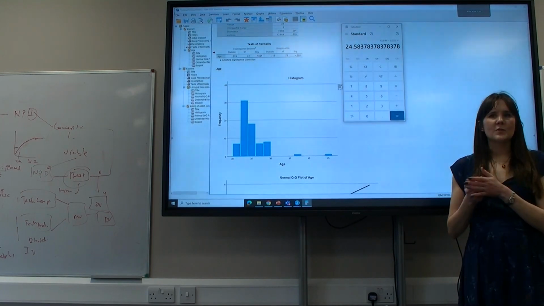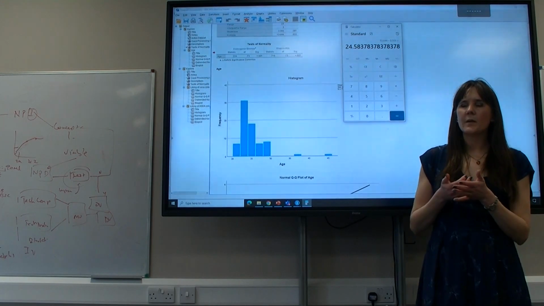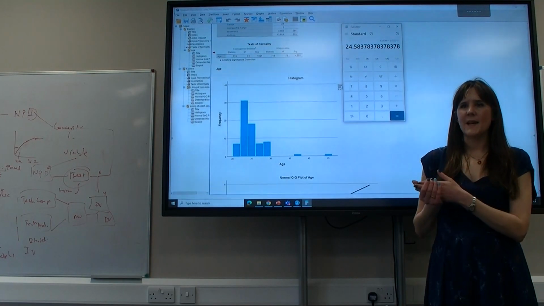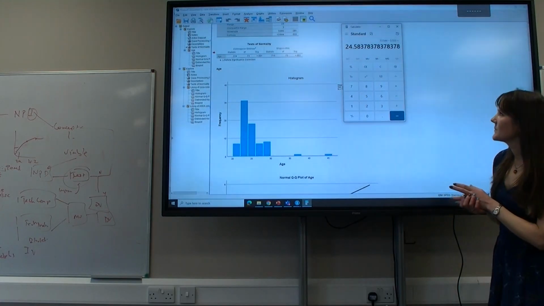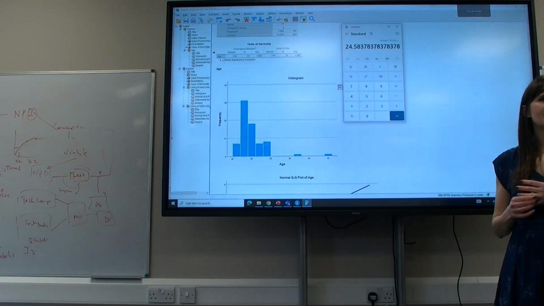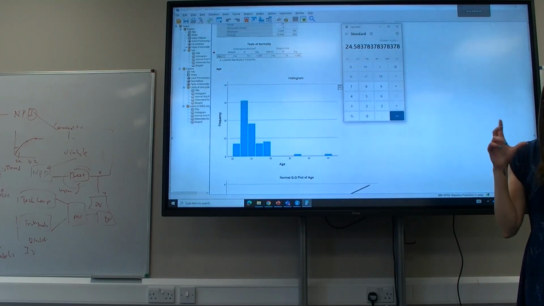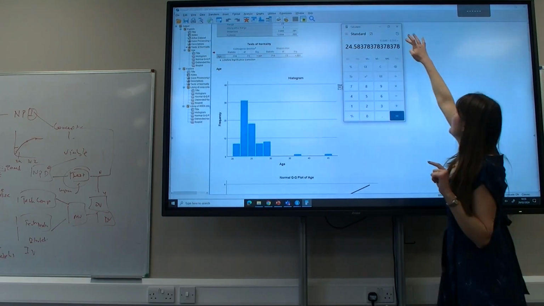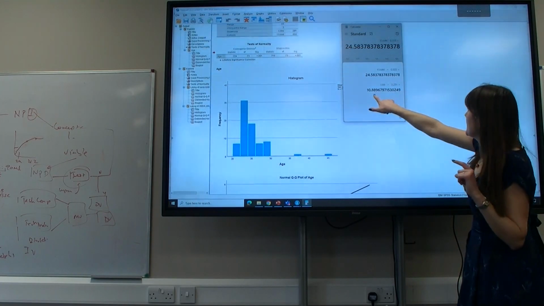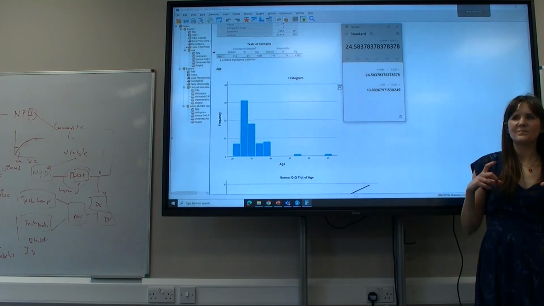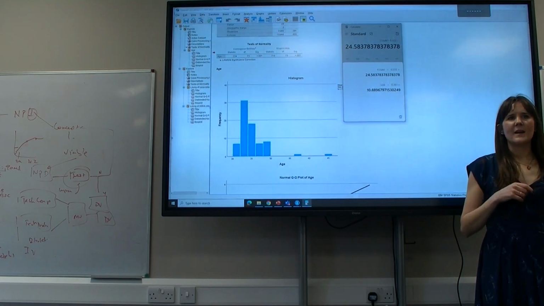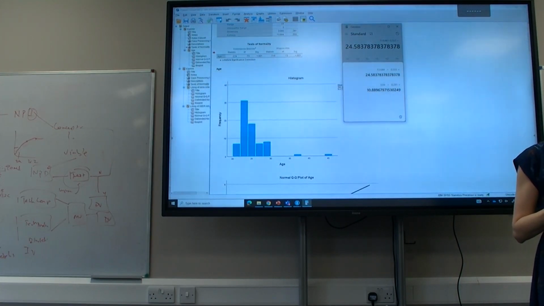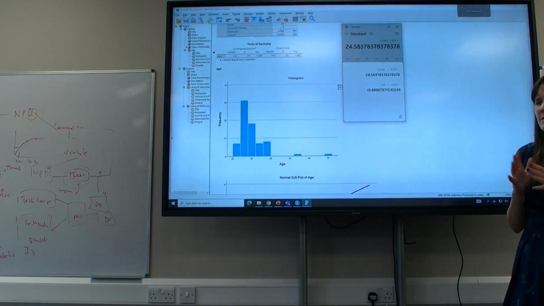Because the Shapiro-Wilkes test was significant, you investigated further by doing Z tests. The Z tests confirmed significant skew, and in brackets you put Z equals 10.89. And the Z test for kurtosis confirmed a leptokurtic distribution, Z equals 24.58.